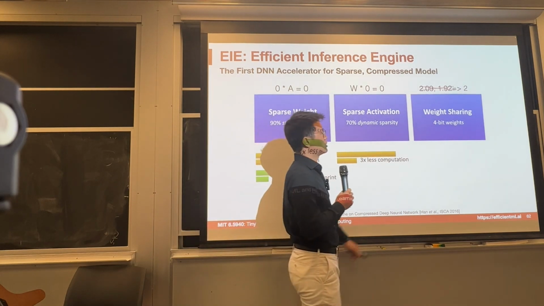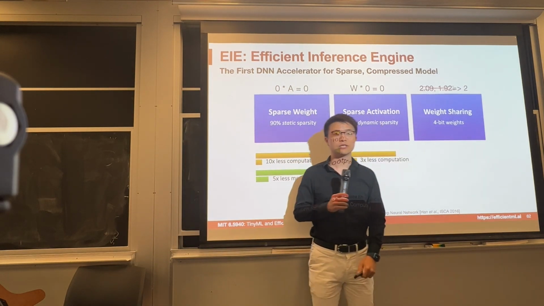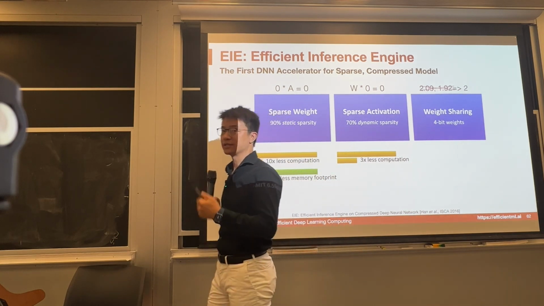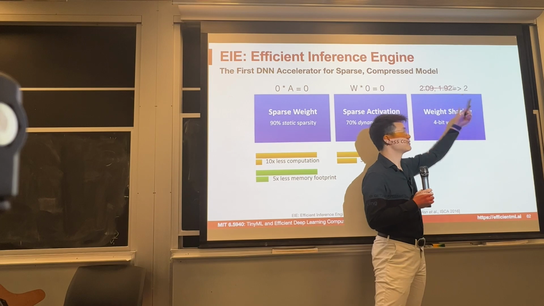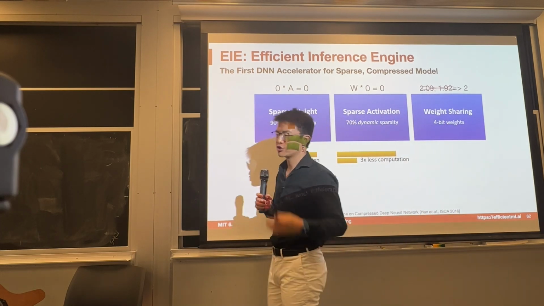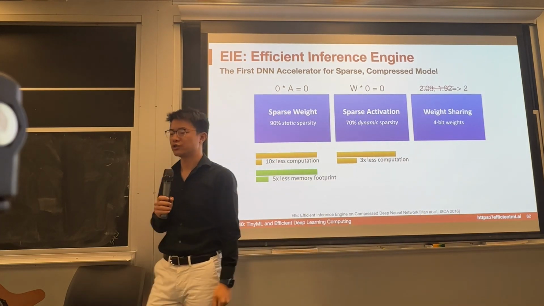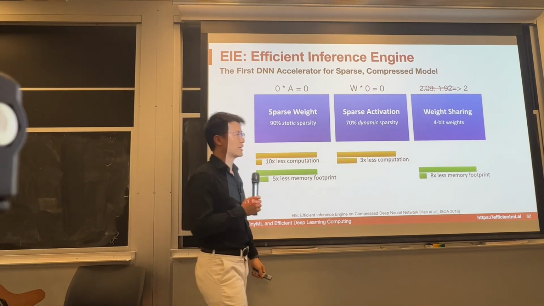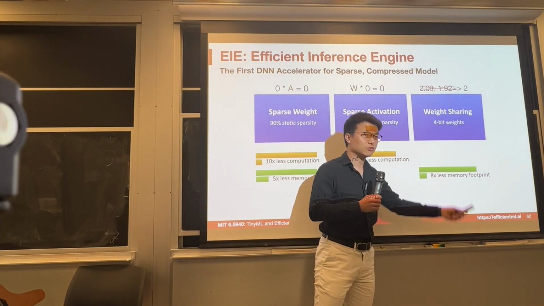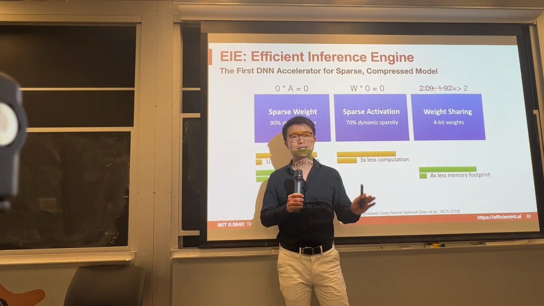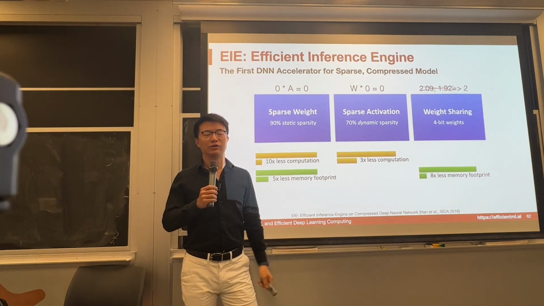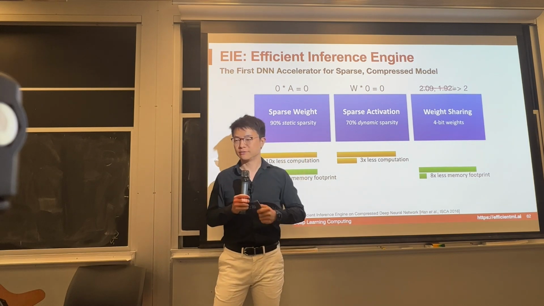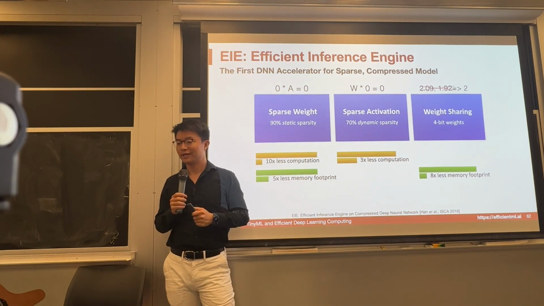And finally, by weight sharing, we can quantize the weight to only 4-bit, only 16 choices. So two nearby weights, we can approximate them by the same number. They share the same weight. That's why we call it weight sharing. So that saves 8 times memory footprint if we represent the weight with 4-bit, compared with originally 32-bit, which we're going to dive deeper into in the next lecture.